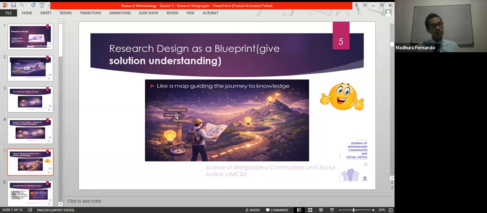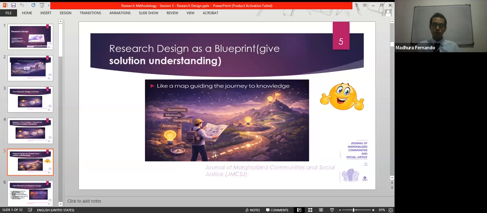You have found out what the questions are, your sampling method, and your analysis method. Now you are continuing your research process, employing the correct method. So you can see the destination. You can see this flag on the top of the mountain. That is your destination, right?